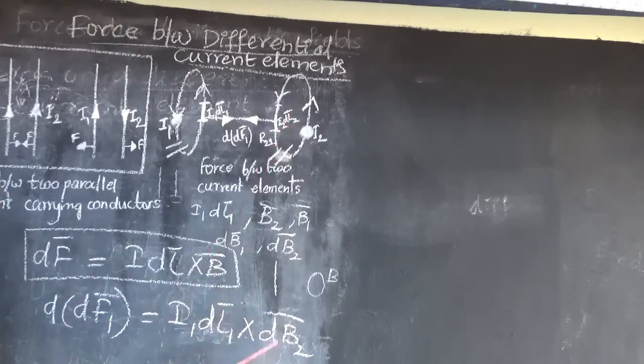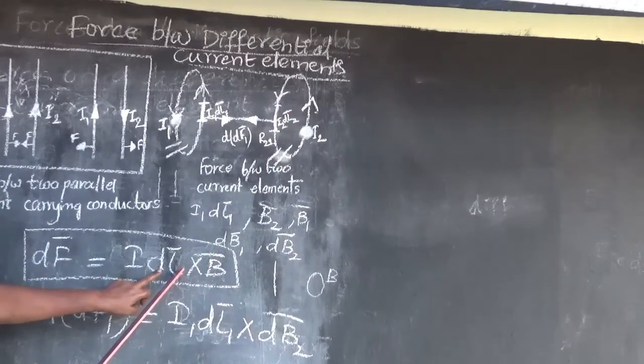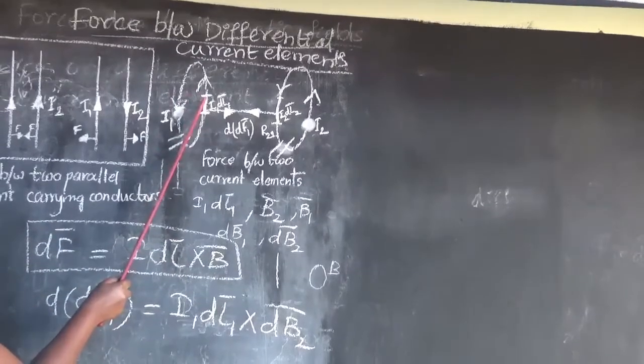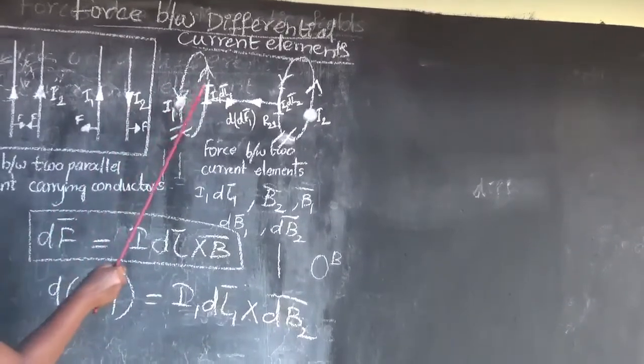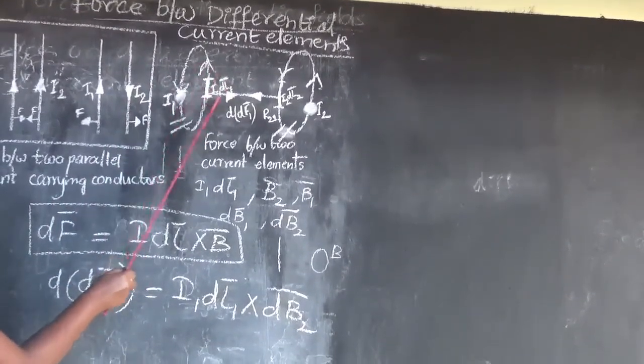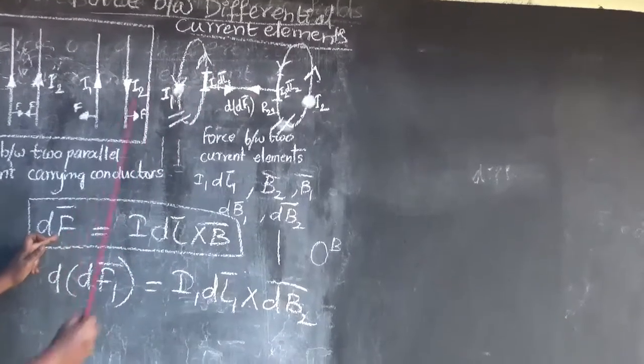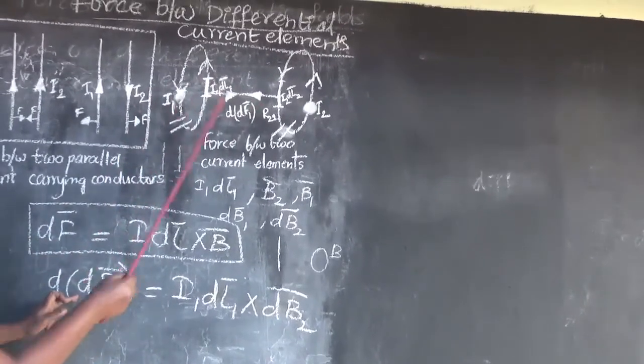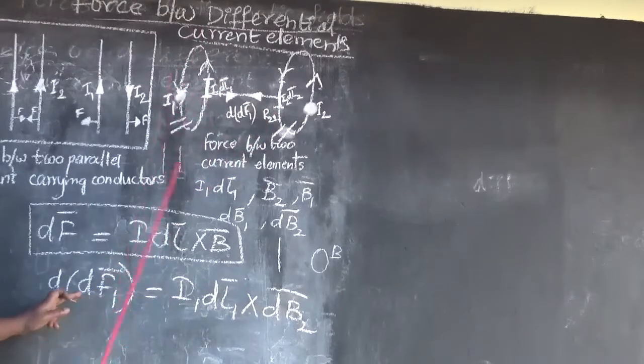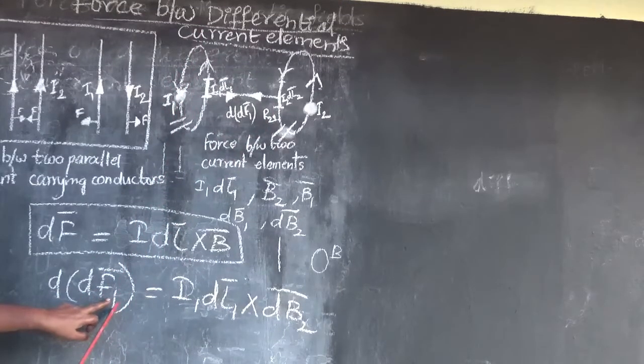And where is the force exerted? The force is exerted on this current element, which is the first current element. So that is represented as the force exerted on the first current carrying conductor, dF1 bar.